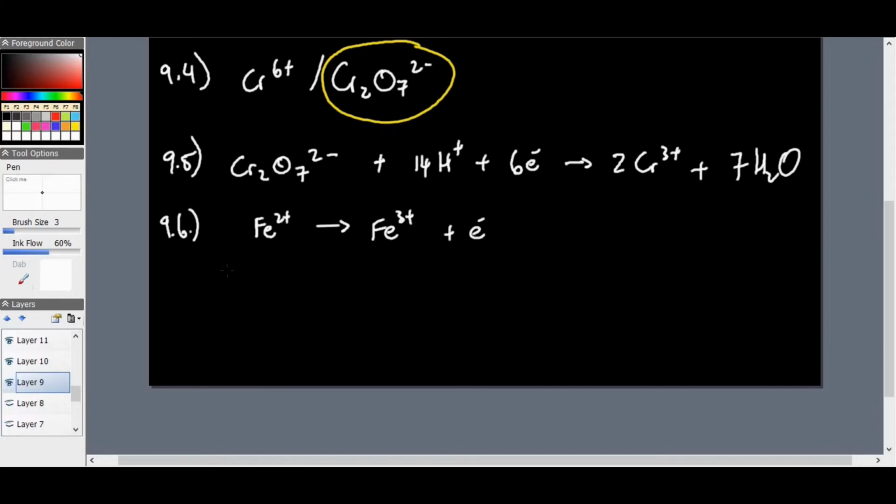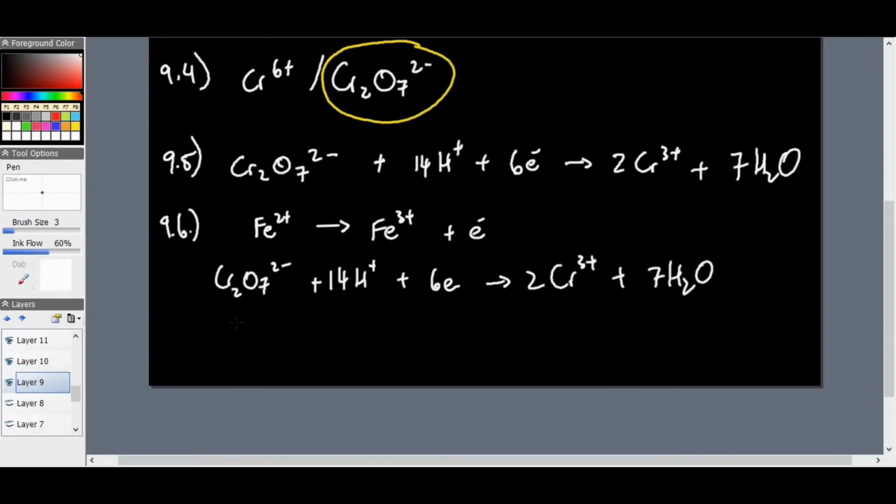And we can see the second one was Cr2O7 2 minus plus 14H plus plus 6 electrons. That yielded 2Cr3 plus plus 7H2O.